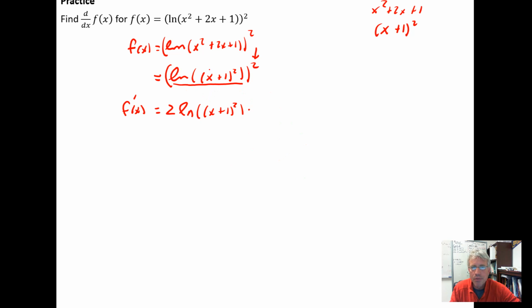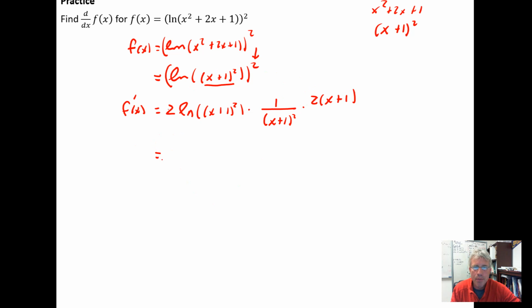So the derivative of the natural log of x plus 1 squared is going to be 1 over the crap, which is x plus 1 squared, times the derivative of the crap that's inside the logarithm. So we have the derivative of x plus 1 squared is going to just be 2 times x plus 1. And then simplify things if you can.